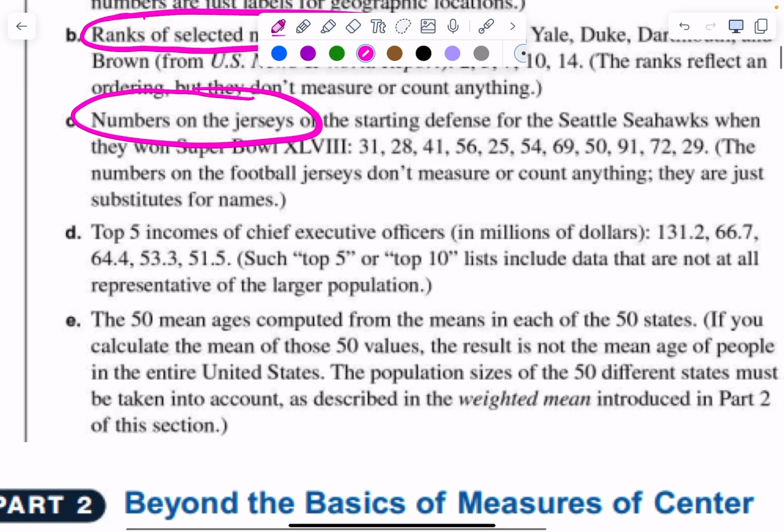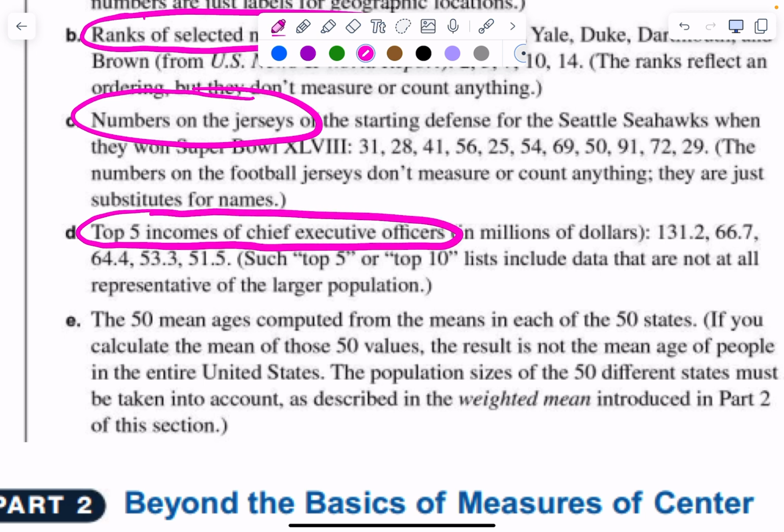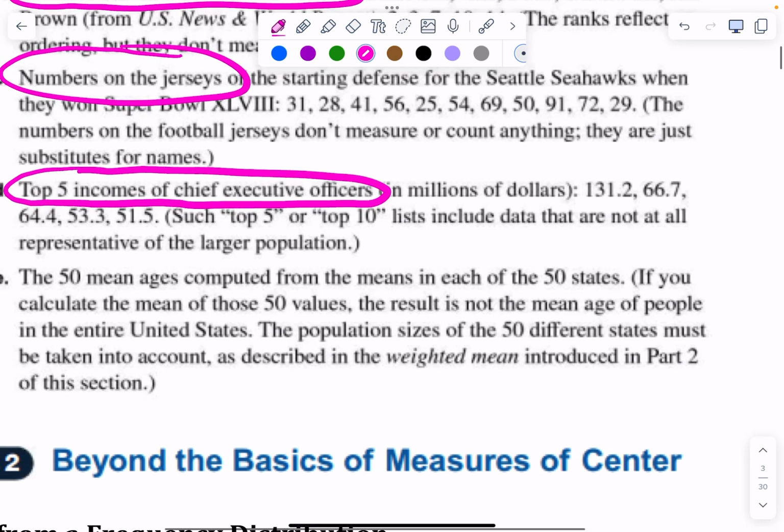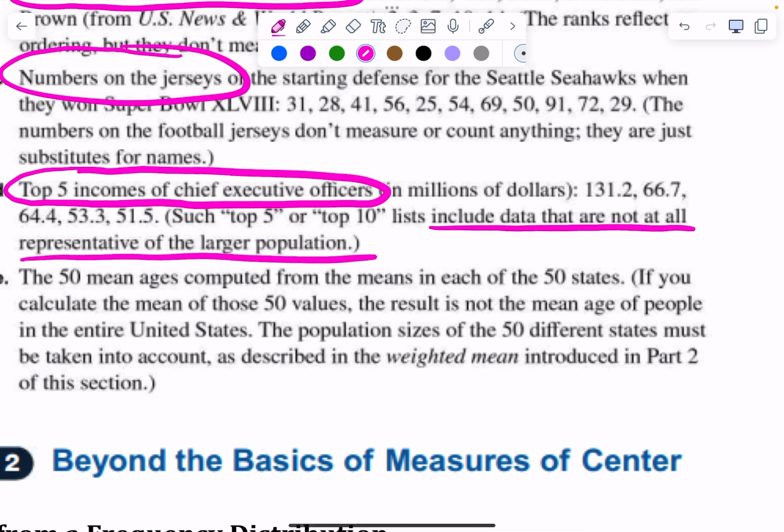The top 5 incomes of CEOs. Okay, this doesn't make sense to me. Why would they not average the top 5 incomes of CEOs? You could find the average income, right? But listen to this: top 5 or top 10 lists include data that are not at all representations of larger populations. If I'm doing the top 5 or the top 10, what am I going to do with that number?